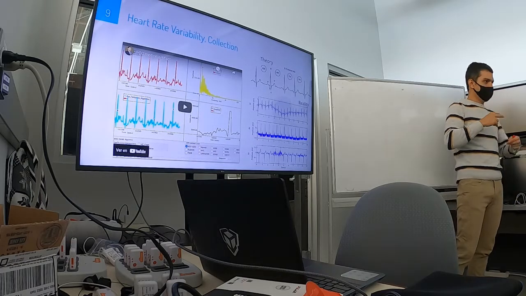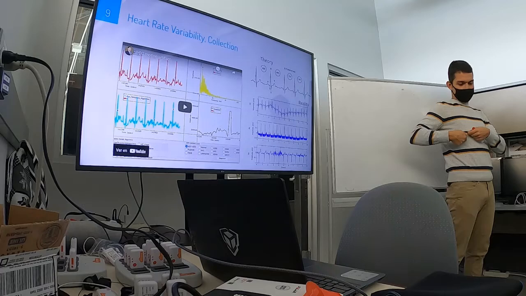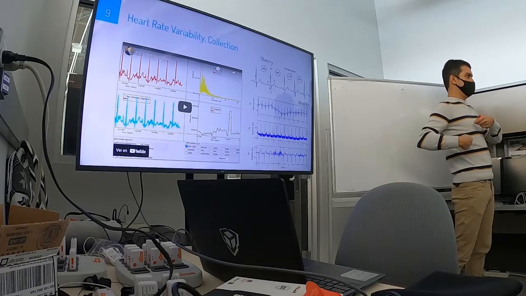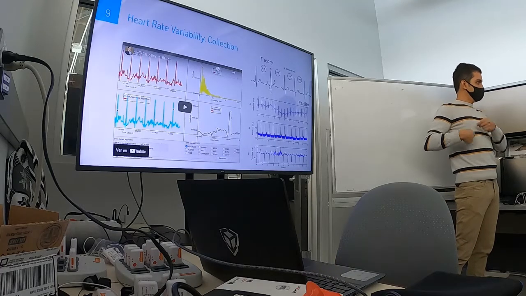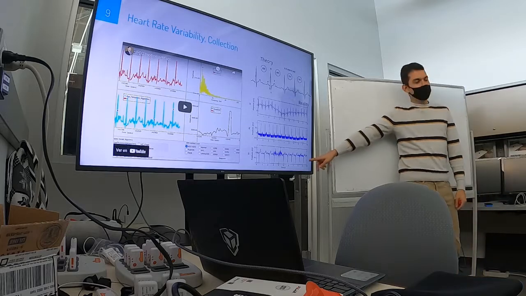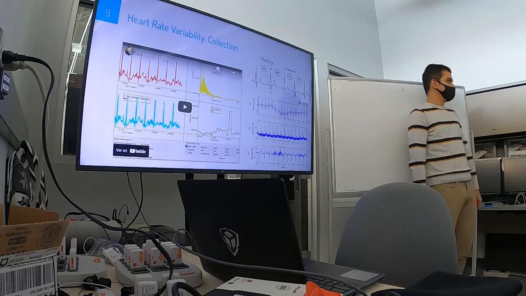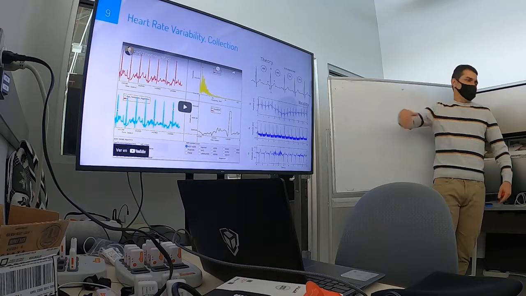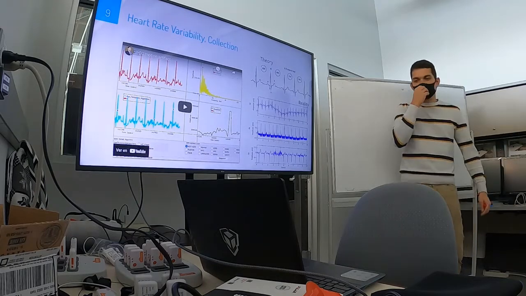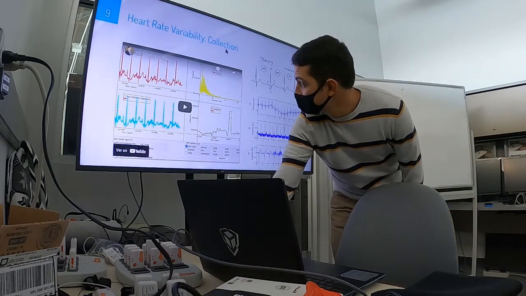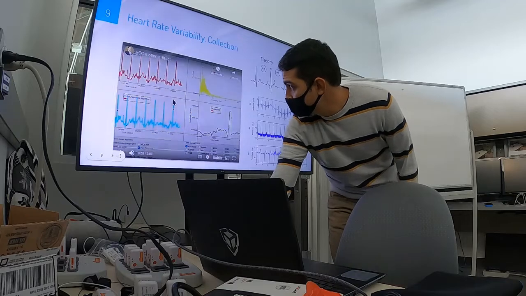In this one it doesn't happen, but sometimes when you connect the electrodes, instead of connecting it like this, you connect it like this, or you just switch a little bit of the side of the ECG, you will get the peaks inverted. Those are some of the normal things that you will find when it comes to ECG.